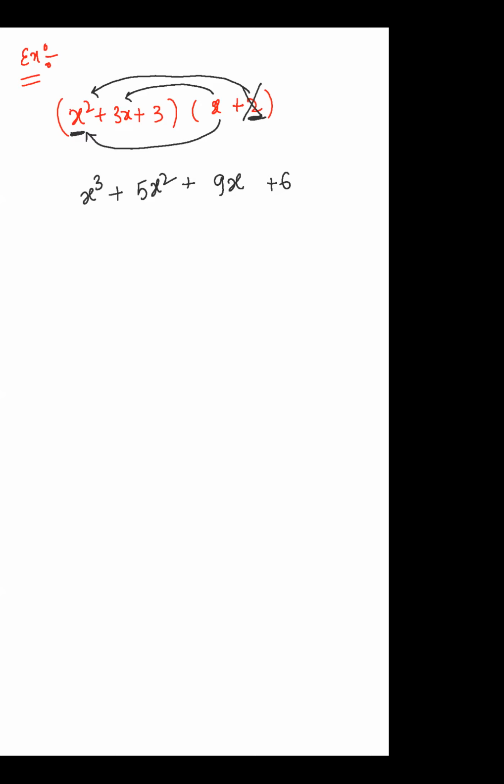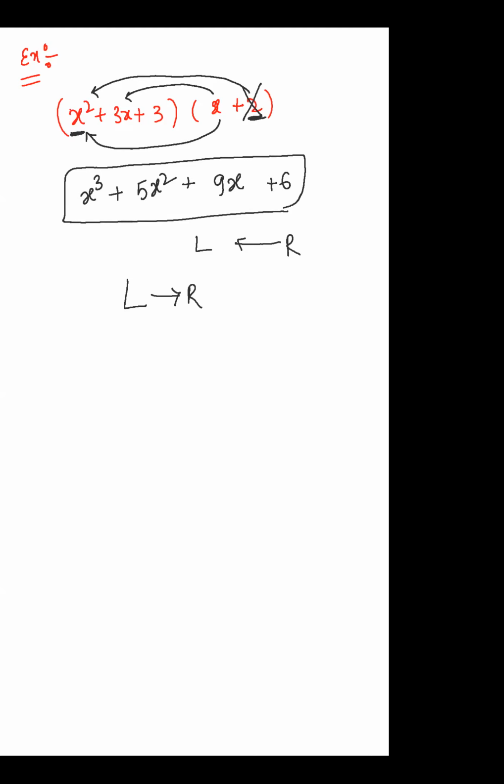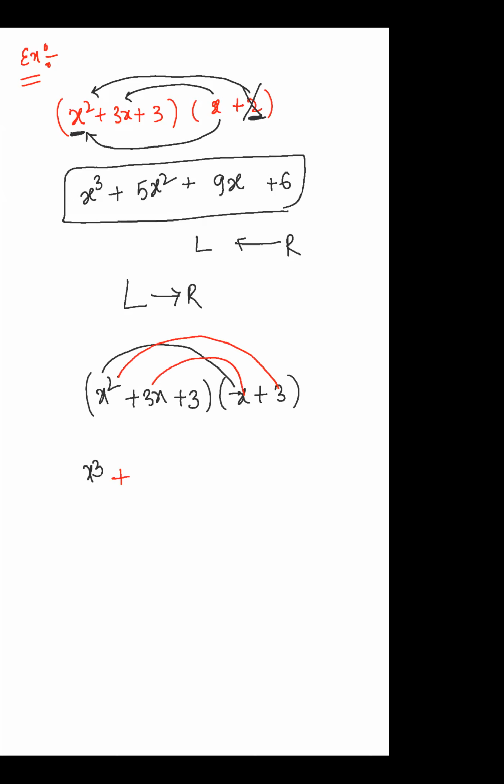So yesterday I did it in this way. I'm writing the answer directly, but here we are doing it from right to left, whereas yesterday I did left to right. I'm doing it like this: x square plus 3x plus 3 into 3, same thing, x cube. 3 plus 3, I'm getting 2 here, so then 5x square.